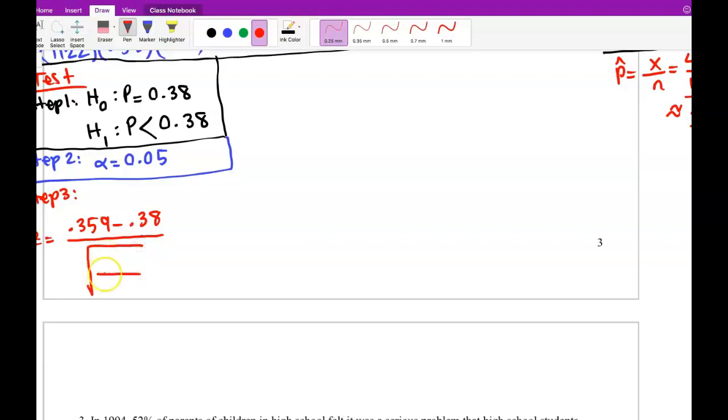And n is 1122, p is 38%, q is 62%. Then rounding that, the answer is negative 1.45. Okay, so this is our z-score.